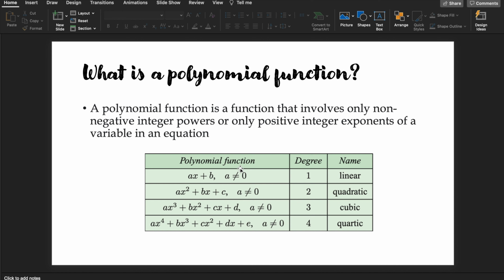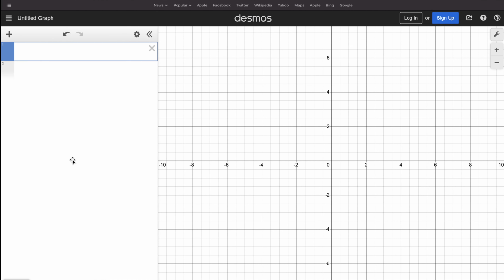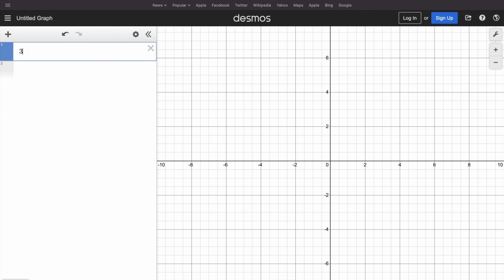So let us graph any linear function. So let's take 3x plus 4. This is a linear function, and the gradient throughout the whole function would be the same. So it's a straight line graph with gradient 3 and y-intercept 4.